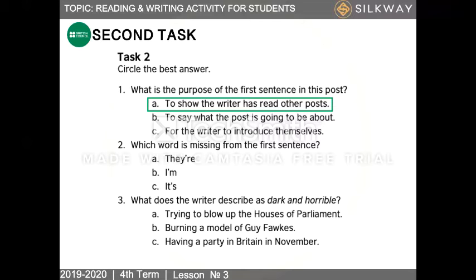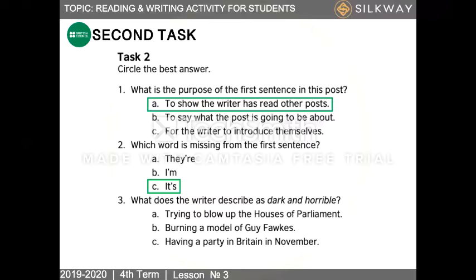Number 2. Which word is missing from the first sentence? Is it A, there, B, I'm, or C, it's? What is your answer? It is letter C, it's. Very good. How about number 3?